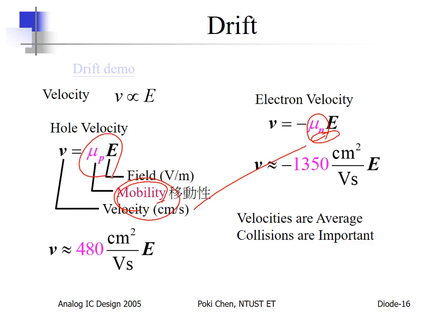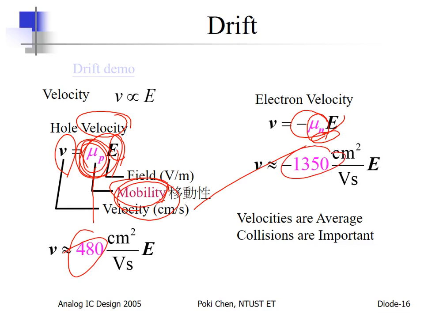Similarly, we have the hole velocity, the speed for holes, proportional to the electric field, and the proportional constant is mu p, the mobility for holes. For semiconductor engineers, mobility mu n and mobility mu p are very important parameters. You can see this is mu p and that is mu n; if you divide this by that, again it is almost 3 times.